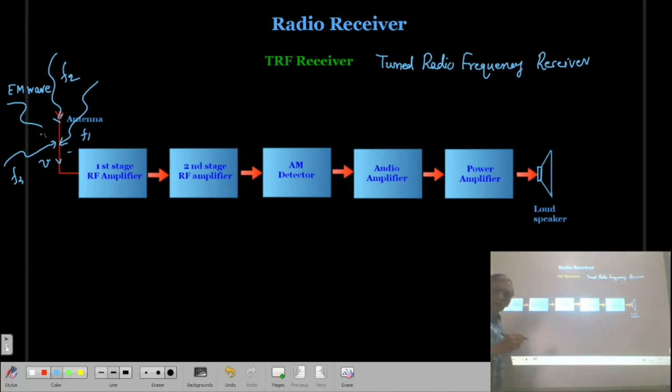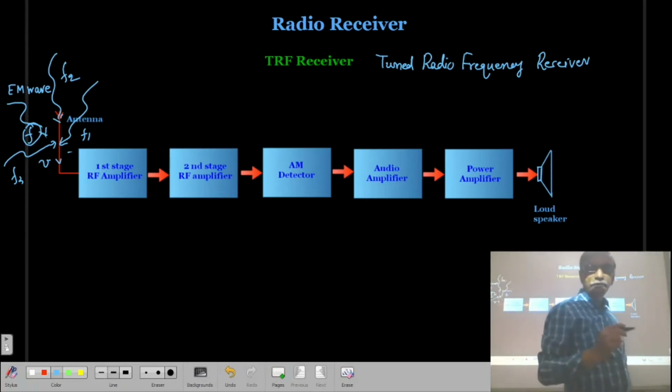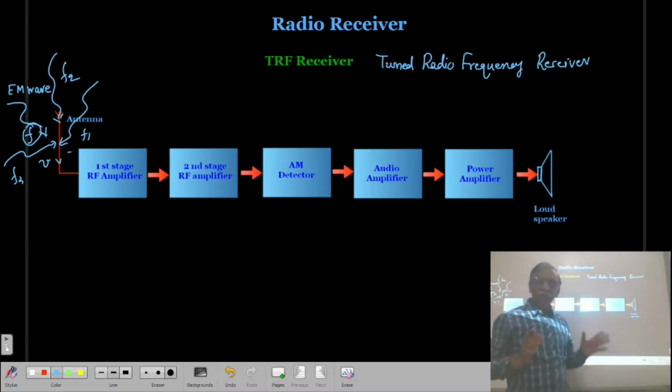But out of all the transmitters, suppose you want to listen to one particular frequency F, or we want the information from the transmitter which has a frequency F, then the rest of the frequencies have to be eliminated or rejected by the circuit.